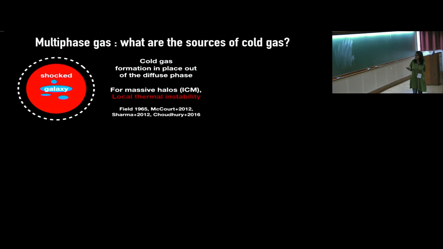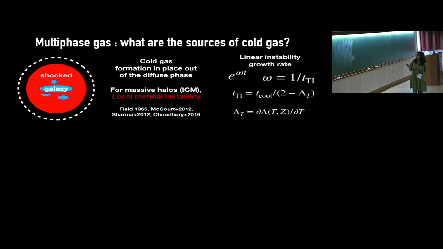And there is elaborate theory on this, linear theory on this by Field in 1965. This can kind of explain some of the H-alpha emission in tiny, localized regions around the galaxies. So basically, the linear theory is very, very well known.